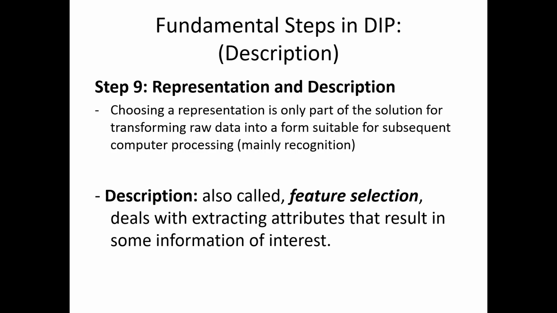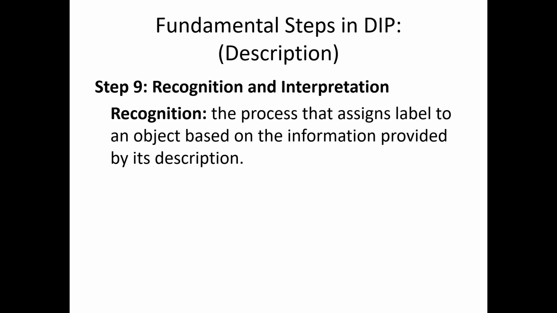If you want to extract such features, that concept comes under description. Find out the feature selection, and then you can perform the description operations. Definitely these representations and descriptions are helpful to recognize the information from the images.